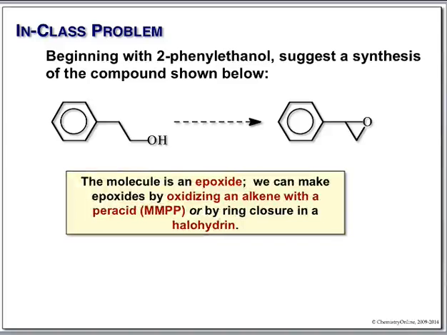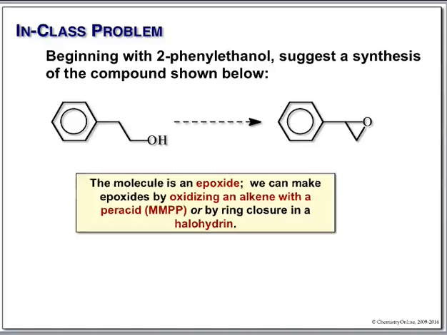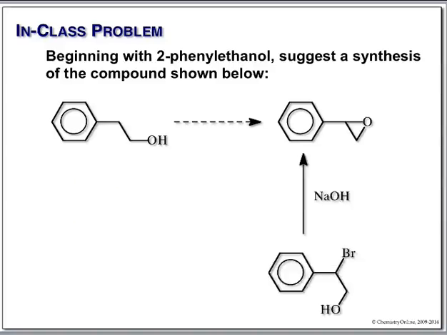If this came from a halohydrin, that means that 1 carbon had the OH group and 1 carbon had a halogen. So if we had this molecule, we could treat it with a strong base, make the alkoxide, kick out the bromine, and make the epoxide. That'll work.